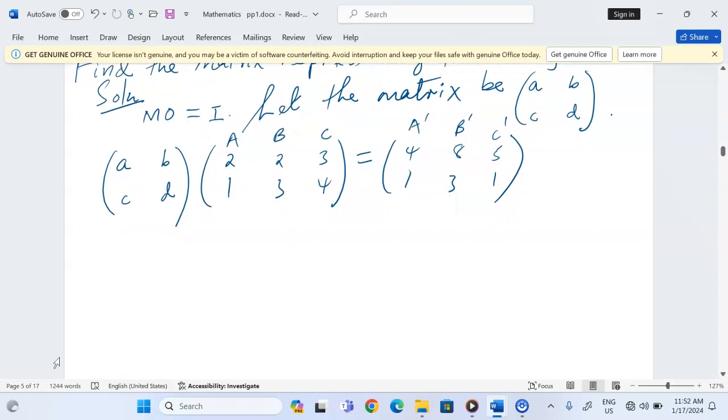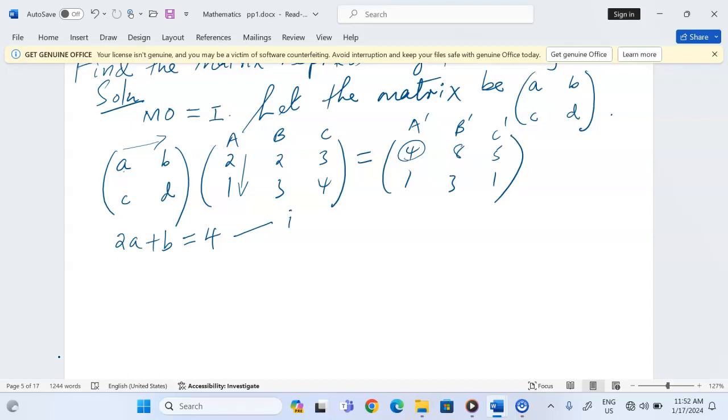We know very well when a row is multiplied by the first column here, we'll get the first element here. Therefore, 2 by A and 1 by B, which is 2A plus B, is supposed to give us 4. We can have this one as the first equation.